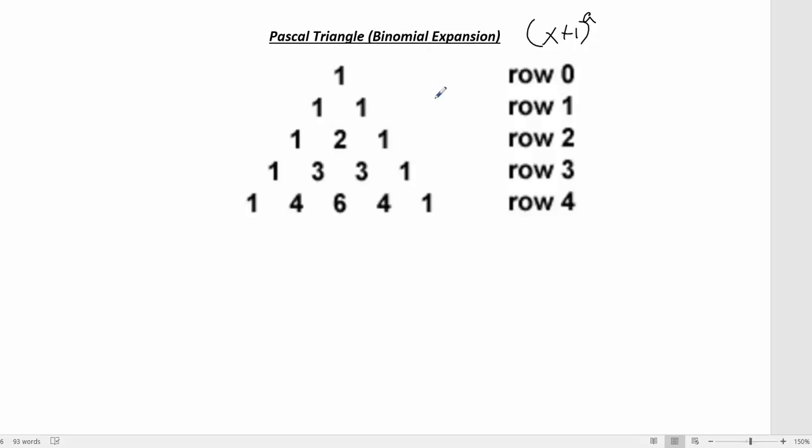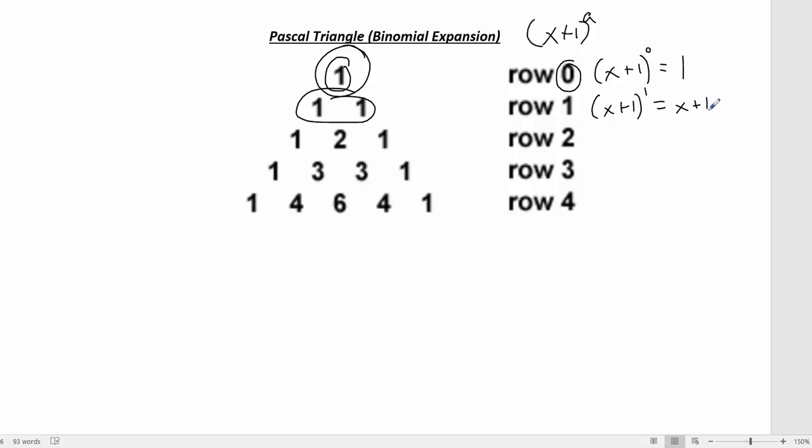So what these mean is this. Think about this. If I take a binomial and I raise it to the 0 power, anything raised to the 0 power is 1. Well, that's where that 1 comes from. Now let's take the same thing, x plus 1 to the first power. That means that the coefficients of both of these are going to be just x plus 1. Now what's x plus 1 to the 2 power?